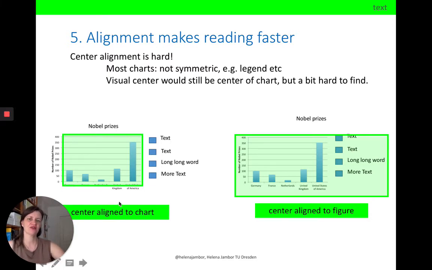Okay? So, if you want to use a center-aligned heading, make sure that you find the visual balance, and it takes a lot of iterations and a lot more feedback. So very, very often, the left alignment is just a lot faster to get right.